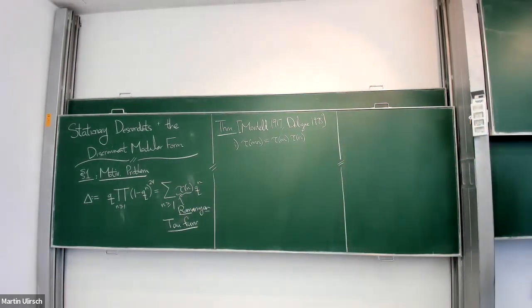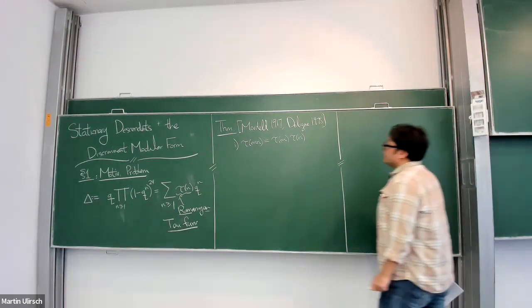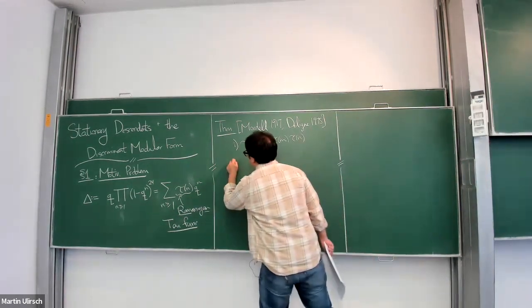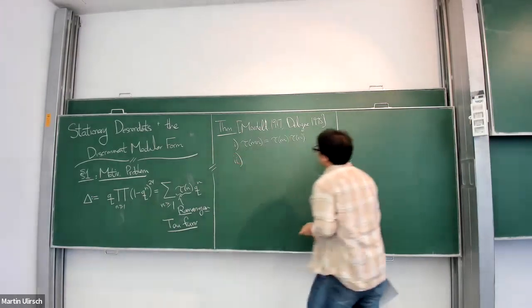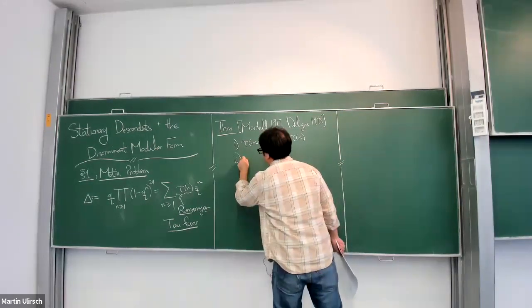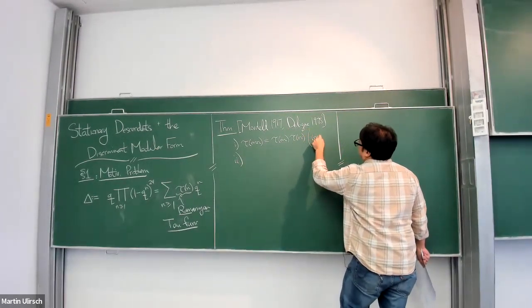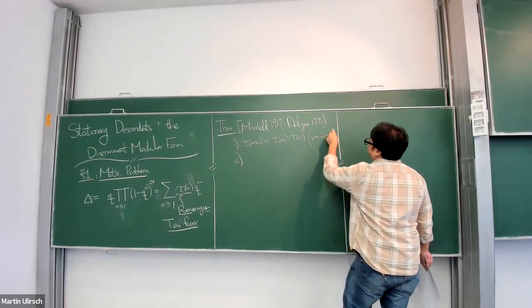But it's true due to some very deep arithmetic properties of elliptic curves. This is more or less what Mordell did, and I should say this is only true if m and n are relatively prime to each other.